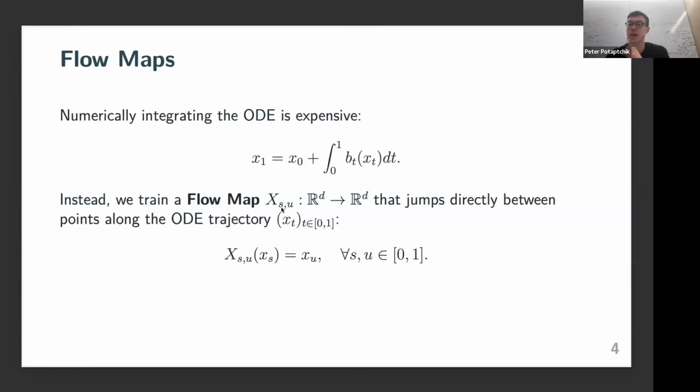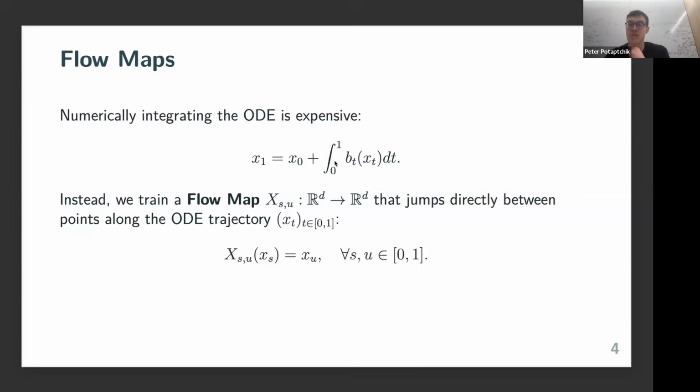So concretely, I'm going to define my flow map corresponding to that ODE as a map that takes in two times and an x variable. Basically, if I have an ODE trajectory, x_t, then if I plug in the value of the ODE trajectory at time s, it's going to allow me to jump straight from time s to time u along that ODE trajectory.